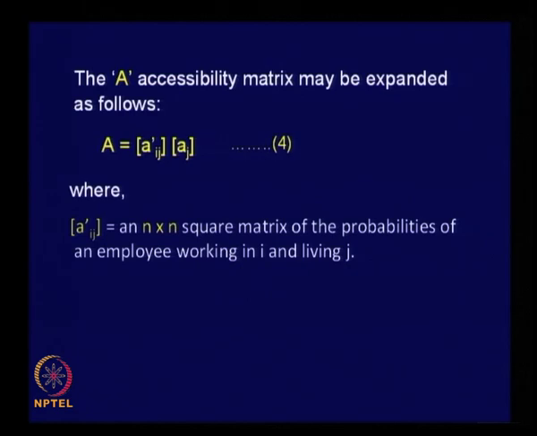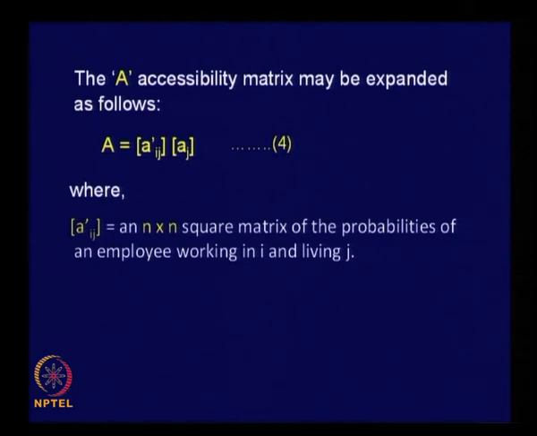Let us say about 10% of the employees living in zone 20 are working in zone 100. Zone 20 has a certain number of employees. Let us say 10% of them, as per the base year condition, are employed in zone 100, right. Even though it is a proportion, it is nothing but probability, isn't it?